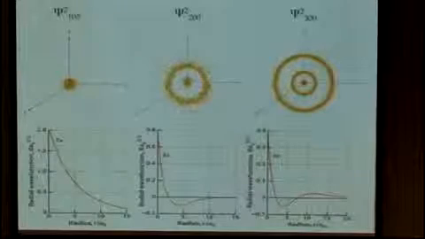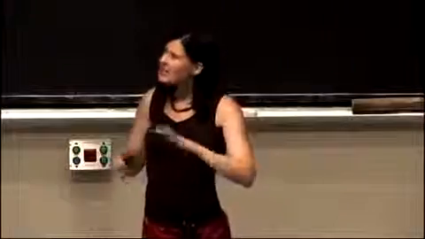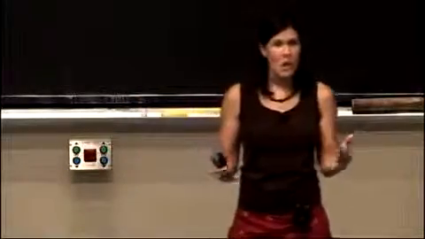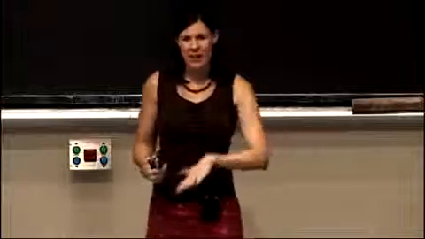And when we're looking at the probability density graphs, it doesn't make a difference, because we're squaring it, so it doesn't matter whether it's negative or positive. All that matters is the magnitude. But when we're thinking about actual wave behavior of electrons, it's important to keep in the back of our head that some areas have positive amplitude and some have negative.